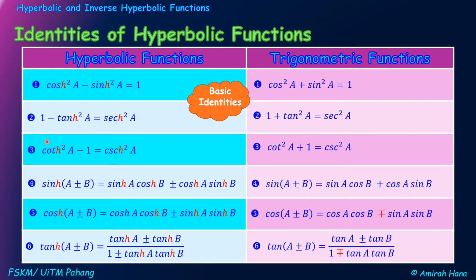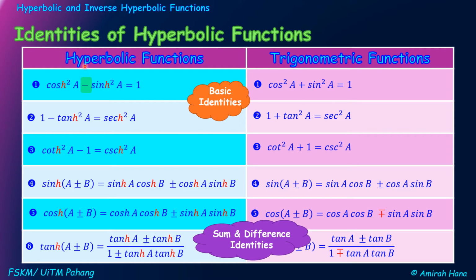The first three we call basic identities or Pythagorean identities. And formulas number 4, 5, and 6 we call sum and difference identities.